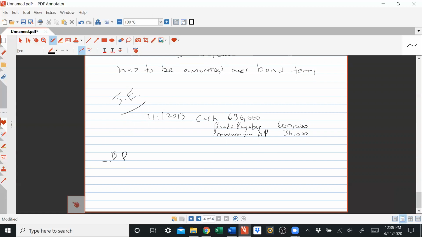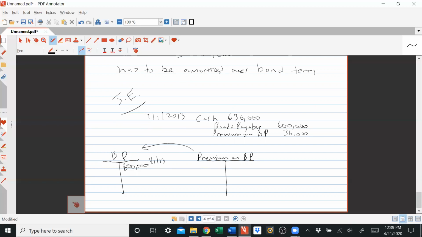So let's look at the T accounts. Bonds payable, it's a liability, so it has a credit balance of $600,000 as of January 1st, 2013. Premium on bond payable, it's an adjunct liability. So the opposite of a contra account is an adjunct account. Premium on bond payable is attached to bond payable.